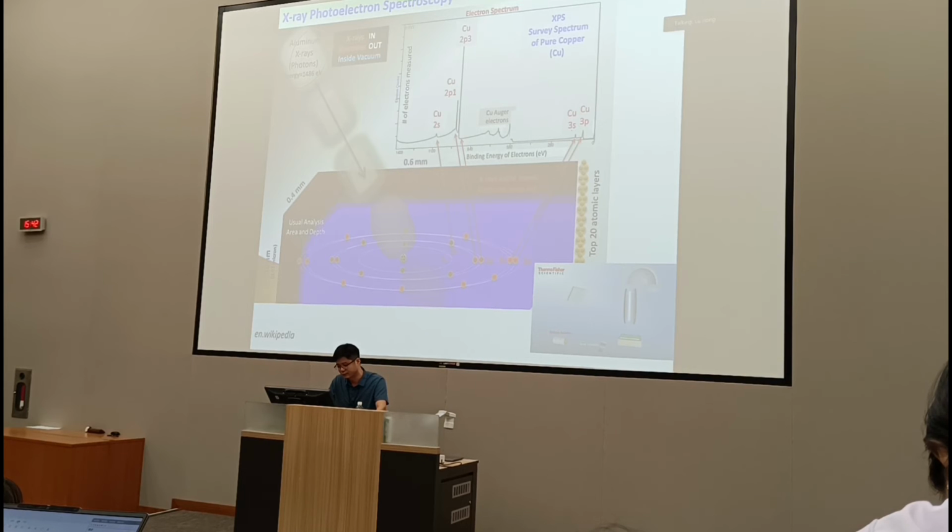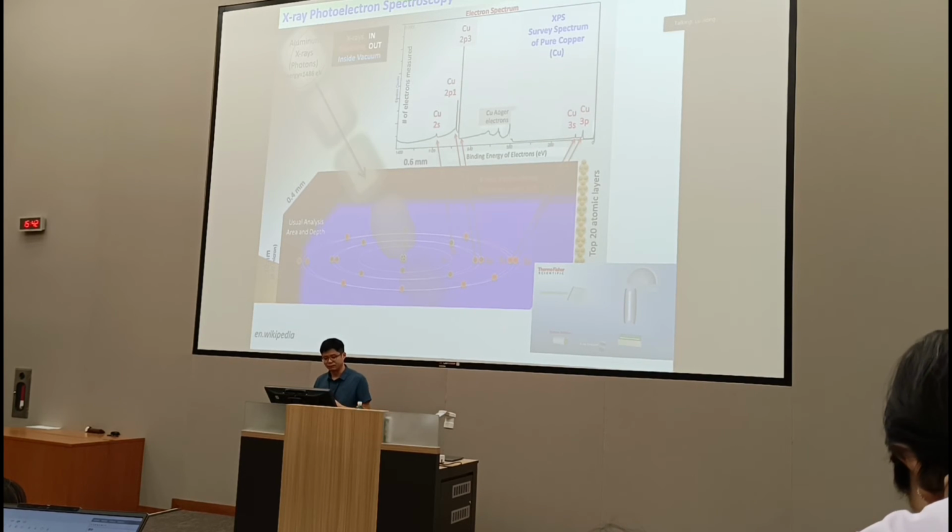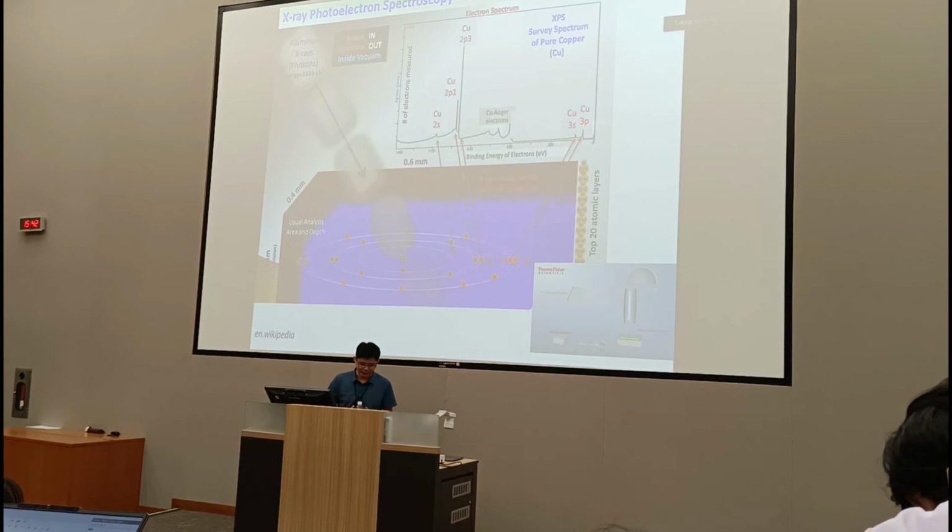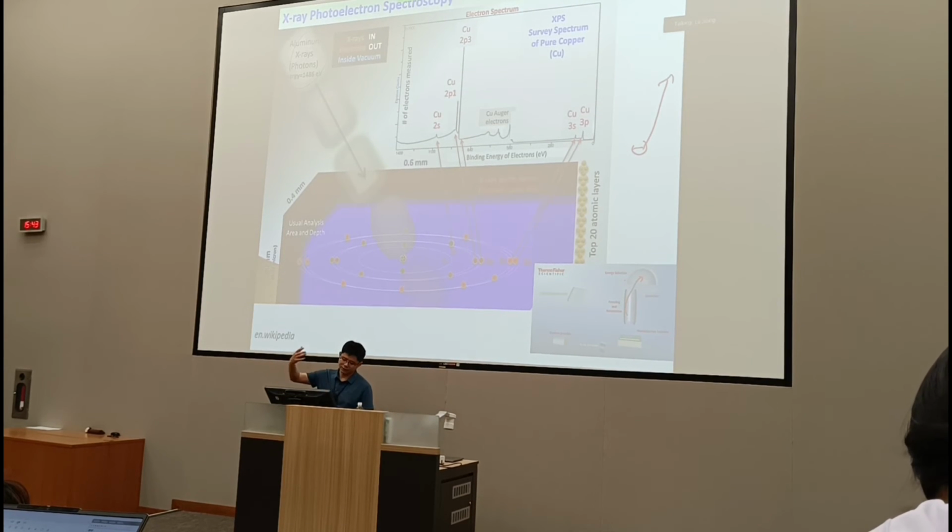The electrons inside the material gain energy from the interaction with photons and become energetic enough to overcome the barrier of the work function and the binding energy. They become so-called photoexcited electrons. Then they enter your analyzer, and you analyze the energy of these outgoing electrons.